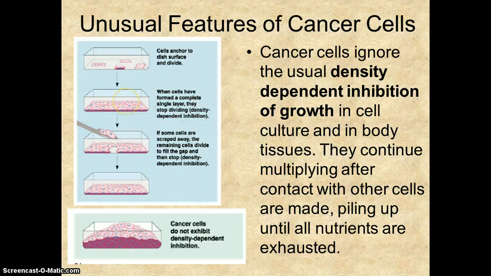So they will create this single layer on this dish. If you remove a few cells, then they will grow back, but then they will stop dividing. Cancer cells do not have that trigger, and so they will just continue to divide. They do not stop when the density has reached a certain point. They do not exhibit this density-dependent inhibition.